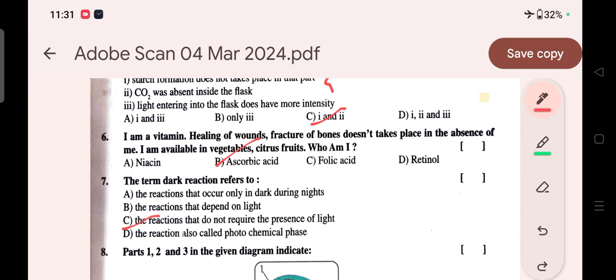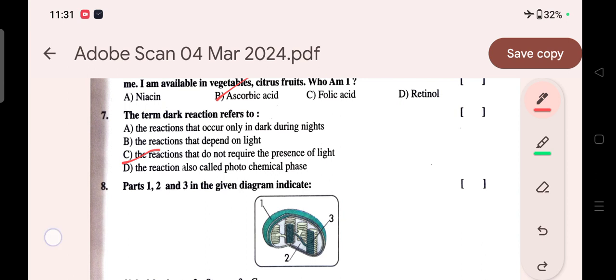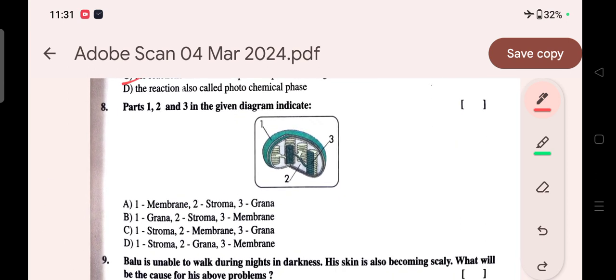The reaction that does not require the presence of light, it can happen anytime. Next, parts: 1 is the membrane, 2 is the stroma, 3 is the grana. Option is the correct.